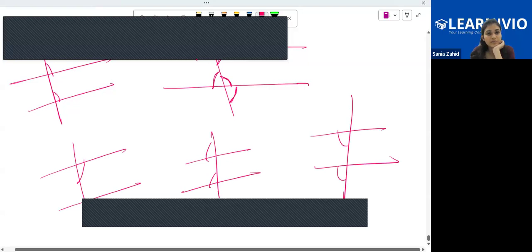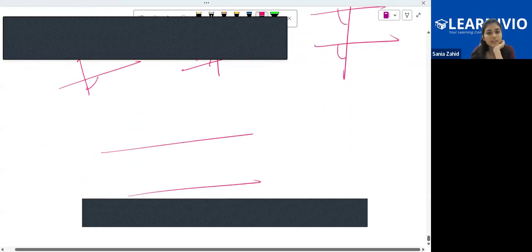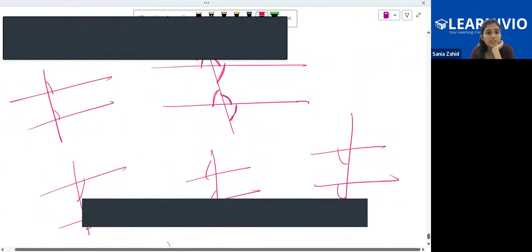Then what are exterior angles? Exterior, see, if you have this angle and this angle, they're not corresponding. Corresponding would have been if this angle was over here. Corresponding is always one interior and one exterior. See, this is exterior, this is interior. This is interior, this is exterior.